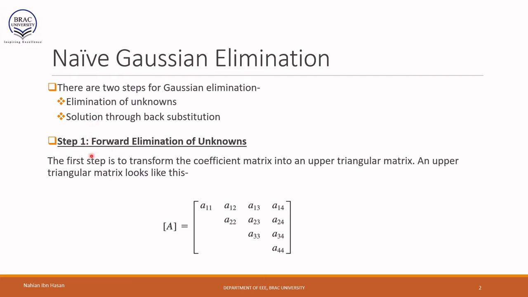So first of all, step 1, which is also known as the forward elimination approach. If you remember the general notation of a linear system which contains n equations, there are going to be constant coefficients of the unknown variables, which are a11, a12, a13.